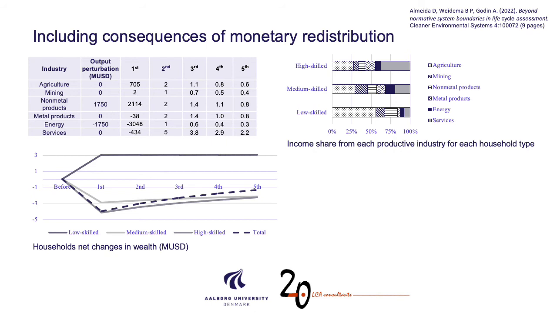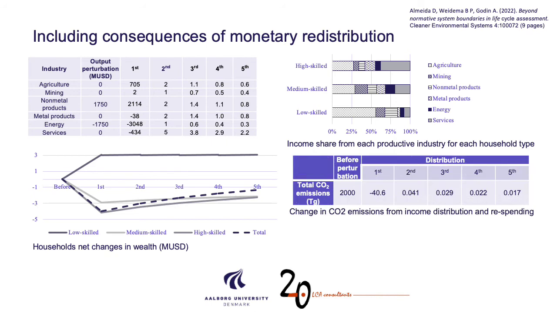So over time, you will actually see a redistribution that in the beginning is negative in the sense of CO2 emissions as well, because the whole economy is breaking for a while because of this change, and then it's slowly recovering over time. But what remains as a consequence is that the distribution to the low-skilled people have increased.